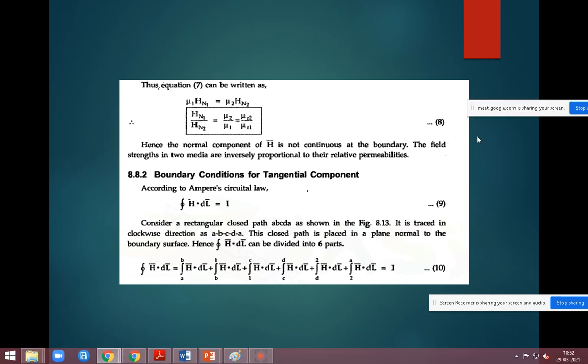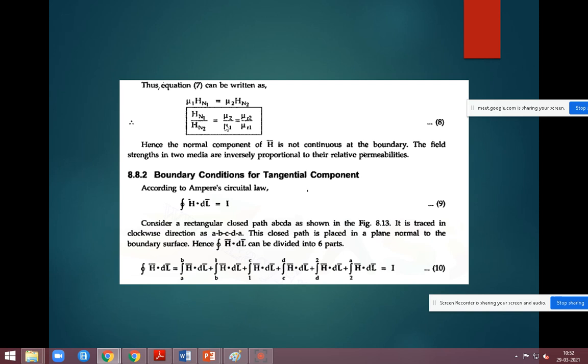So finally you can determine that the field strengths in the two media are inversely proportional to their relative permeability. Now Hn1 has mu1 in the denominator, so it is inversely proportional to the relative permeability. For n2, mu2 is in the numerator. So it is inversely proportional to their relative permeability.